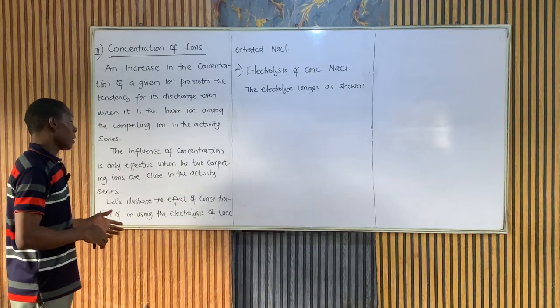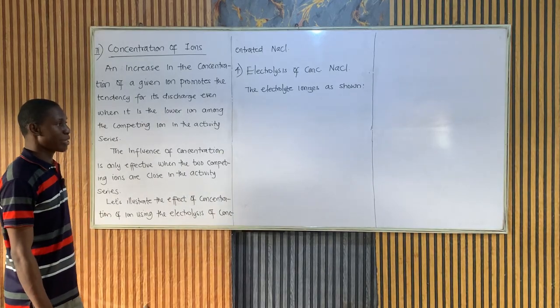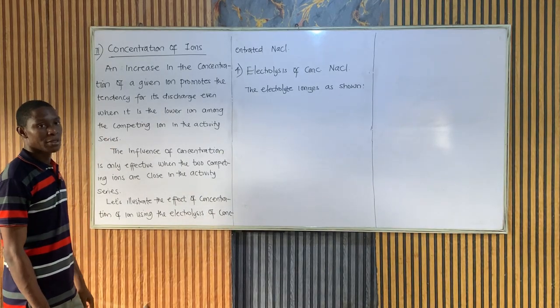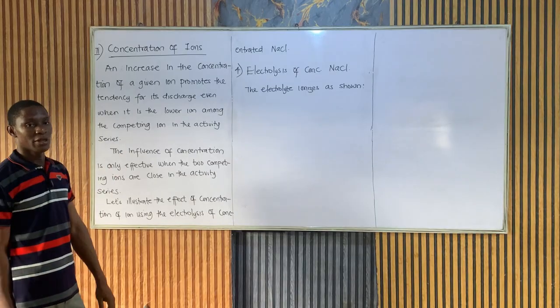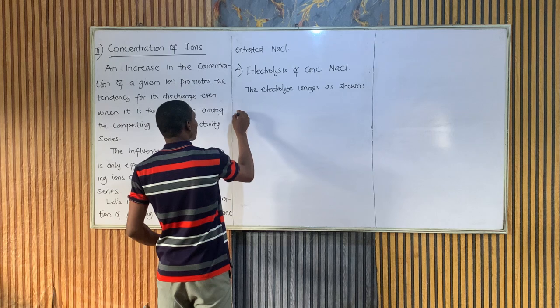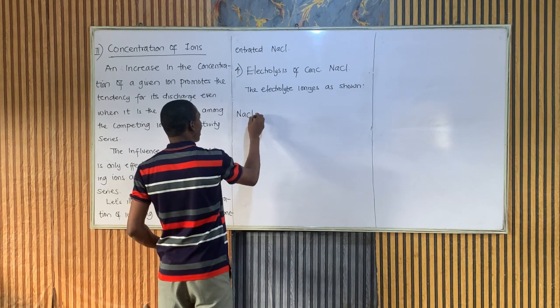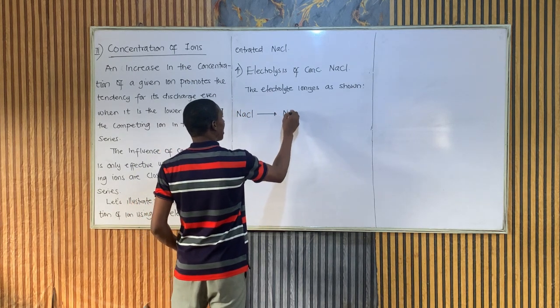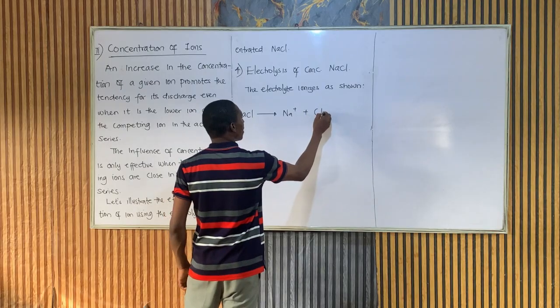Let's illustrate the effect of concentration of ion using electrolysis of concentrated sodium chloride. You know, the electrolyte ionizes this way: NaCl gives Na plus and Cl minus.